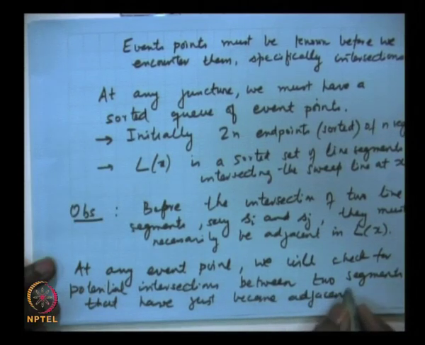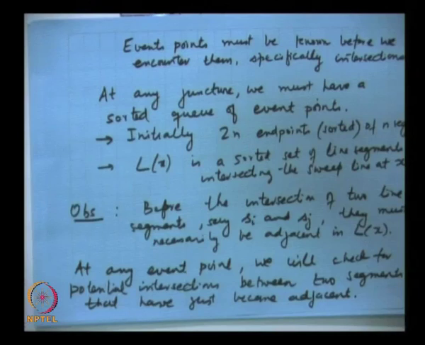So, previously they were not adjacent, but they have now just become adjacent because either we have inserted a new segment or deleted an old segment, okay, or because of an intersection also there could be new adjacencies created, right.